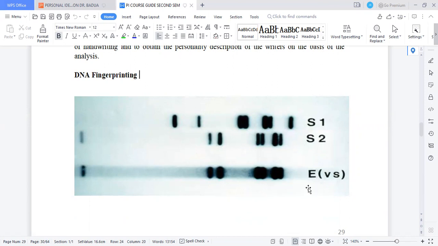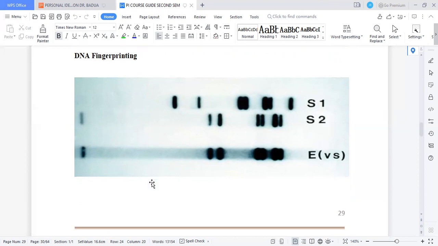If you take a look at the exemplar and these two specimens, it would match S2 because of the number of strands that has been established. That's how DNA fingerprinting is considered to establish the identity of a person.